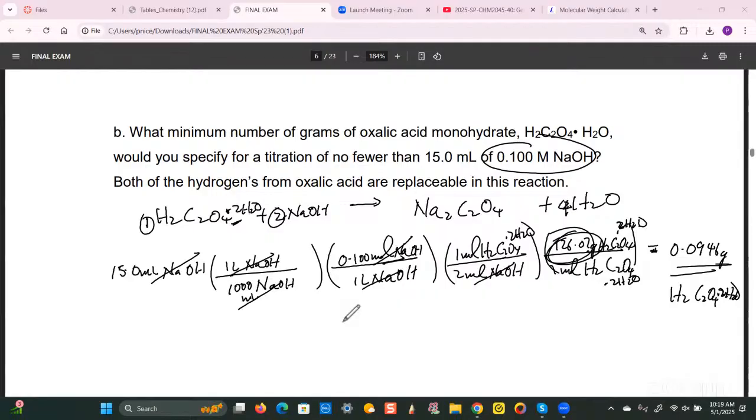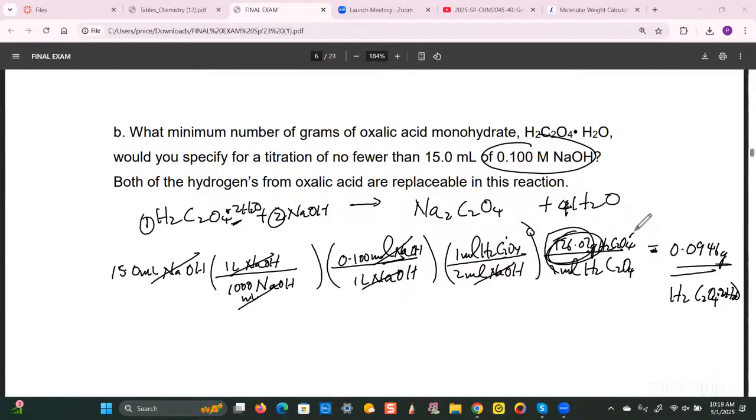I'm sorry? For the oxalic acid? Oh, it's what? Yeah. Okay, thank you very much for correcting me on that. I don't know where I got these 2 water molecules, so this should be 1 water molecule here.